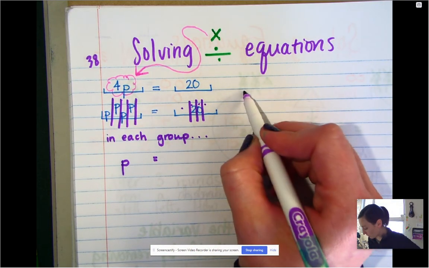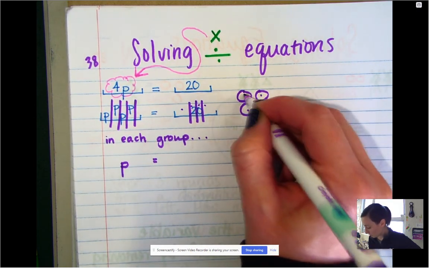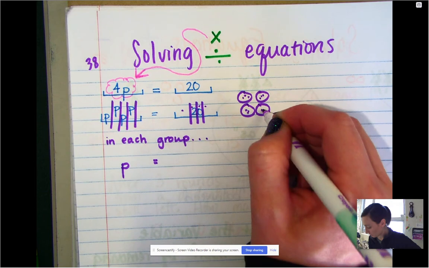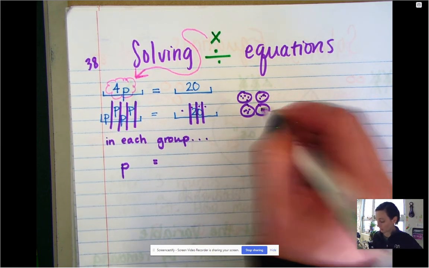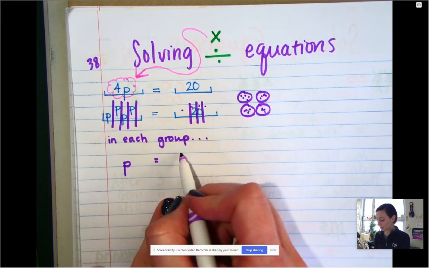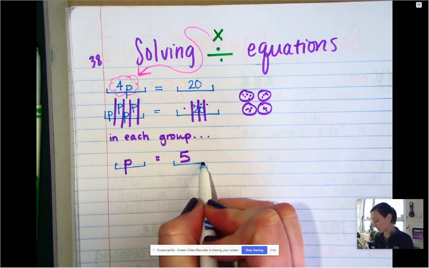So if you really want to see this out, 4 groups, 1, 2, 3, 4, 5, 6, 7, 8, 9, 10, 11, 12, 13, 14, 15, 16, 17, 18, 19, 20. For each p over here, there is 5 on the other side. So p is the same as 5.